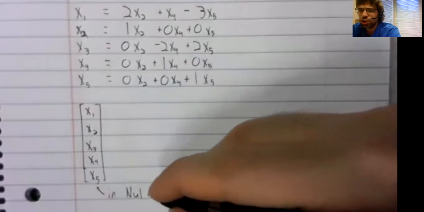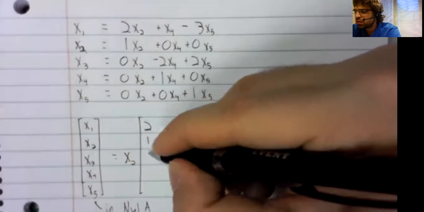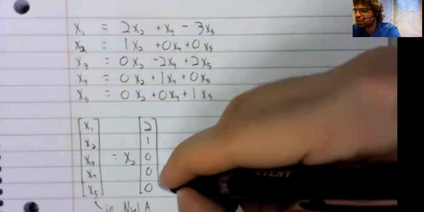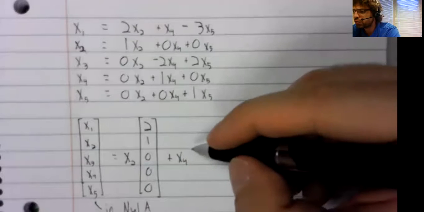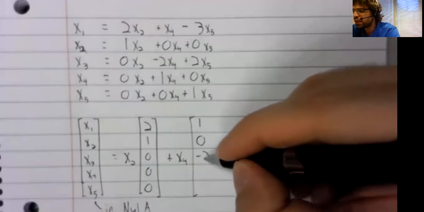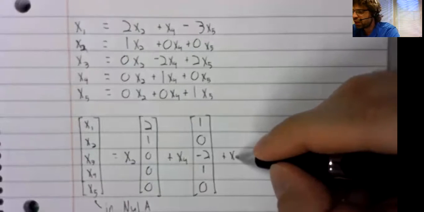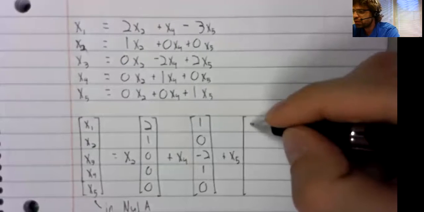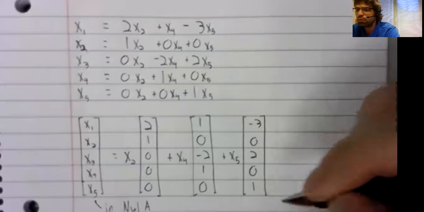This is a vector in the null space. It is some free variable times the vector 2, 1, 0, 0, 0, plus some free variable times the vector 1, 0, negative 2, 1, 0, plus a free variable times negative 3, 0, 2, 0, 1.